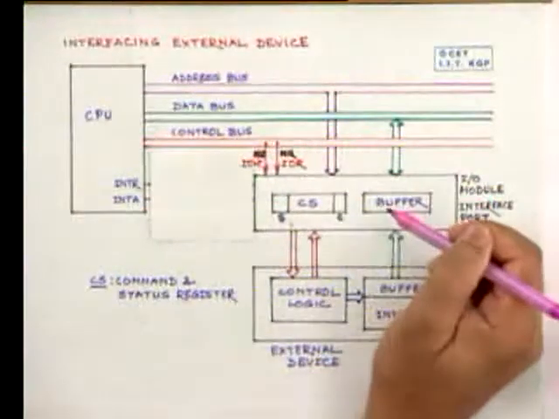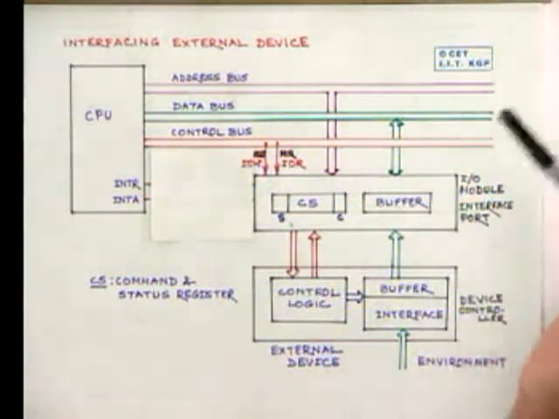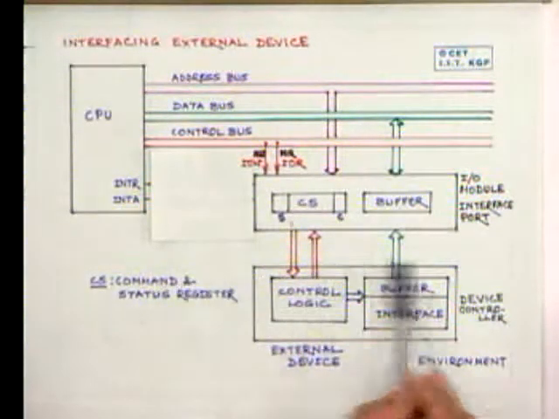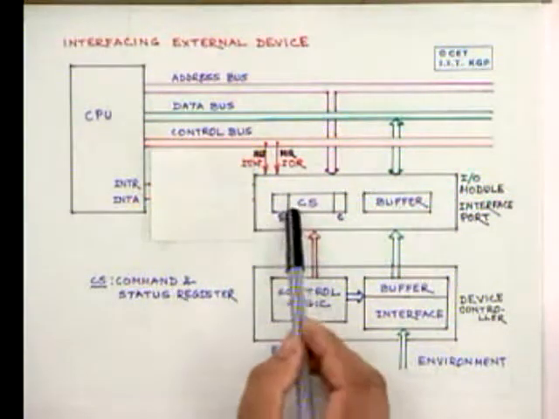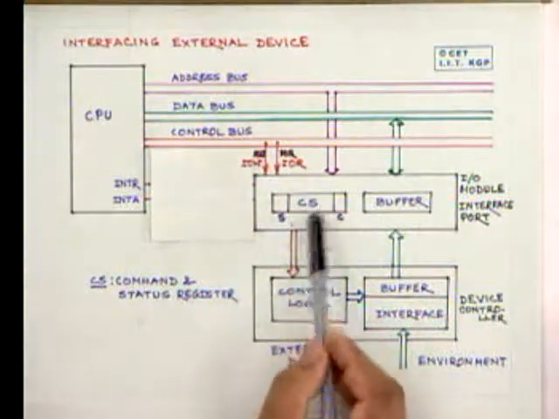Now, let's come to the rest of it. Let us see how the I/O data transfer takes place. Let us take a simple example, a simple device like a keyboard, where you press a key and an 8-bit code comes into the buffer. Now, here you have to tell the device that you need to read one character.